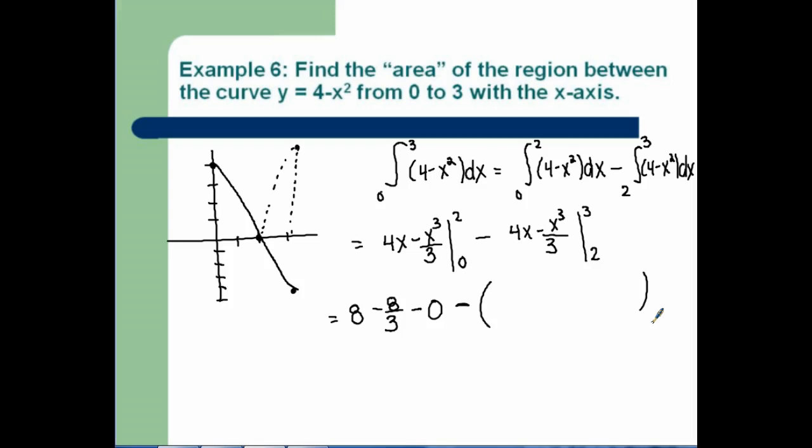Now plug in your top. So 4 times 3 is 12. 3 cubed is 27. 27 divided by 3 is 9. But remember, it's f of b minus f of a, so you have another negative in there that distributes to two values. So you get 8 minus 8/3.